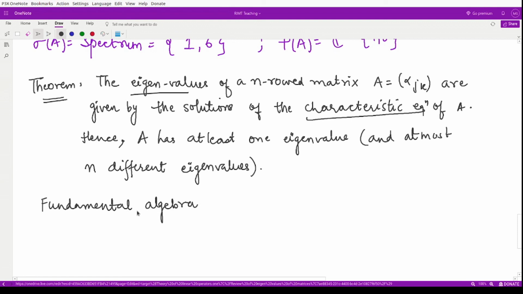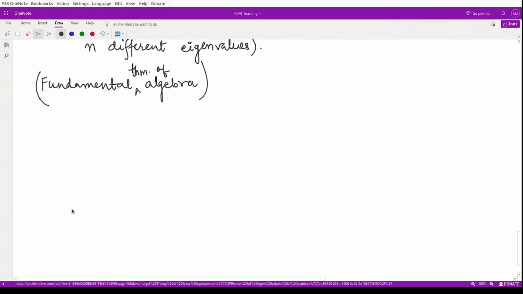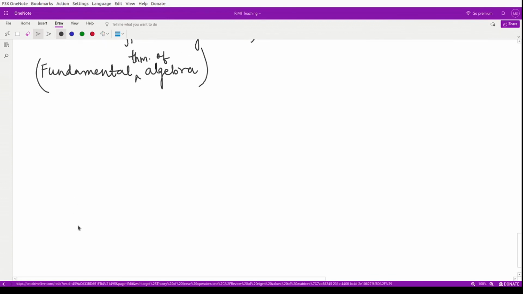So this comes from there, that a given polynomial having positive degree n and coefficients in the complex plane has roots which are at most n in number, right? So that is the theorem. Now let's have a look at more properties of eigenvalues and eigenvectors.